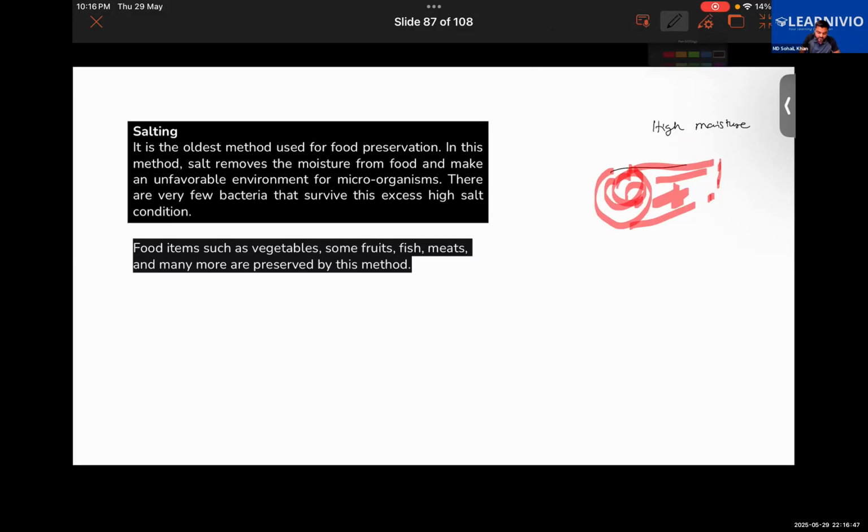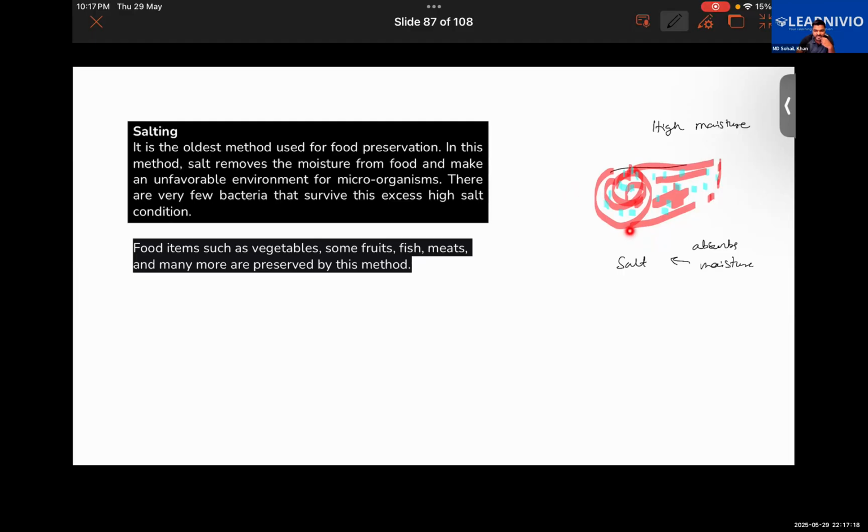So what was done earlier was that lots and lots of salt was sprinkled over it. The salt absorbs moisture from the food, and then it makes an unfavorable environment for the microorganisms. A low amount of water is not liked by microorganisms, so they will not grow.